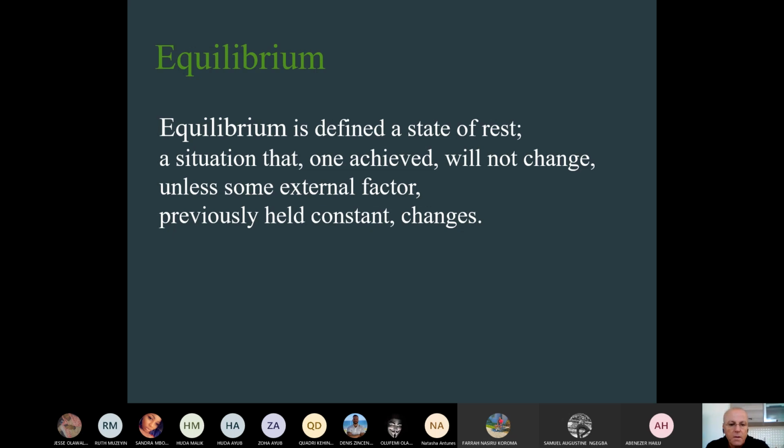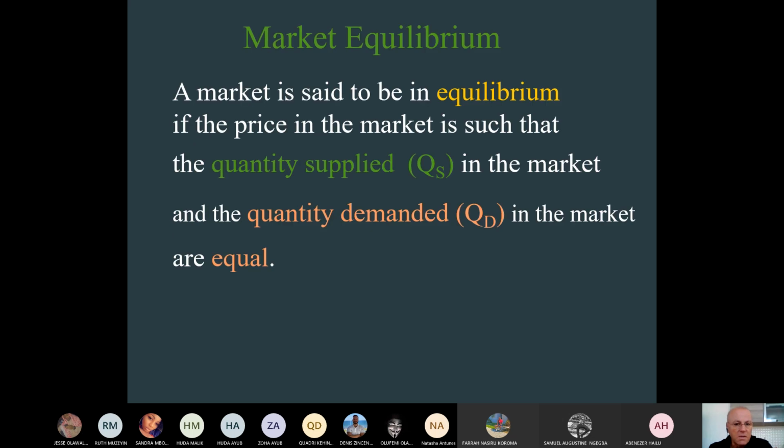Equilibrium is defined as a state of rest, a situation that once achieved will not change unless some external factors previously held constant change. Of course, this is not very clearly introduced to you, but a market is said to be in equilibrium where the market price and market quantity are in balance.